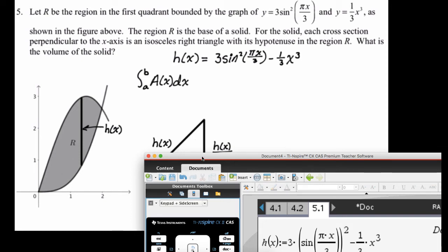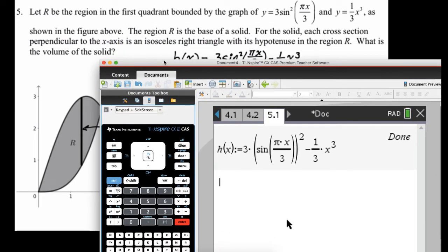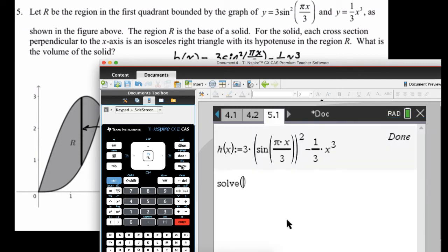So what I'm going to do is use solve. Menu 3, enter, h of x equals 0 for x. This will find where the two graphs intersect each other. It gives me those two values.